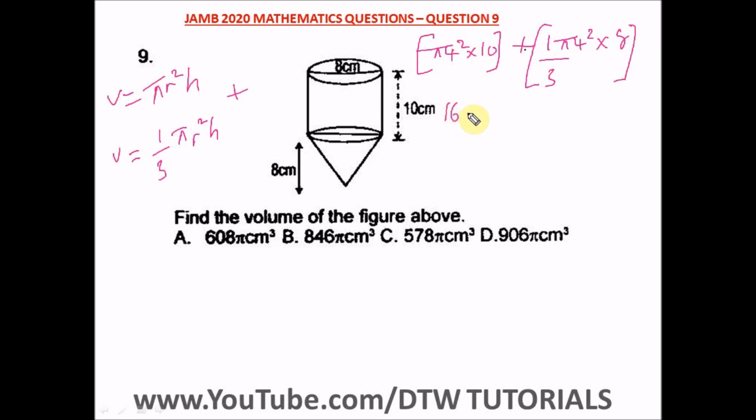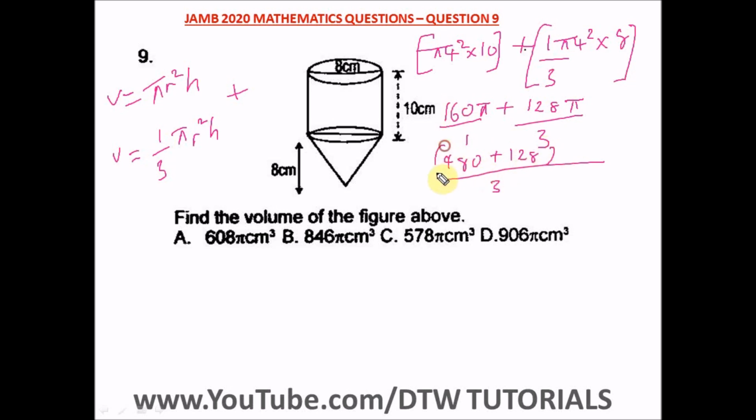So I'm left with 160 pi, plus, for this one, 4 square is 16 times 8, which is 128 pi. So I have 128 pi all over 3. If I find the LCM of this, we have 3, this is 1, so 3 times 160 is 480, plus 128.